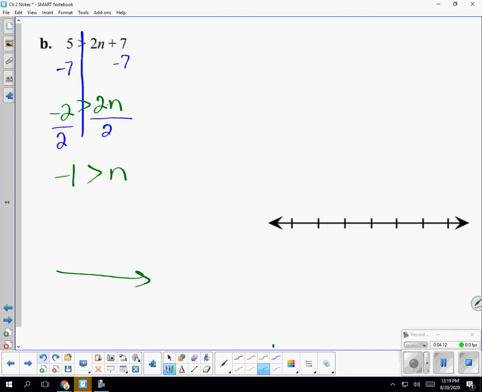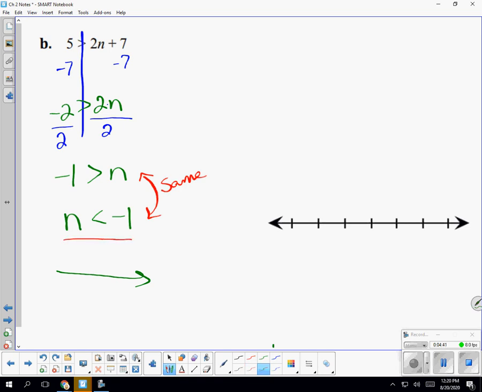So I'm going to flip this answer so that it is in an order that's easy for me to read. So it's going to be n, and here it is pointing at the n, so I'm going to flip it, is less than negative 1. Now these are the same solution, but this one is a little easier to graph.